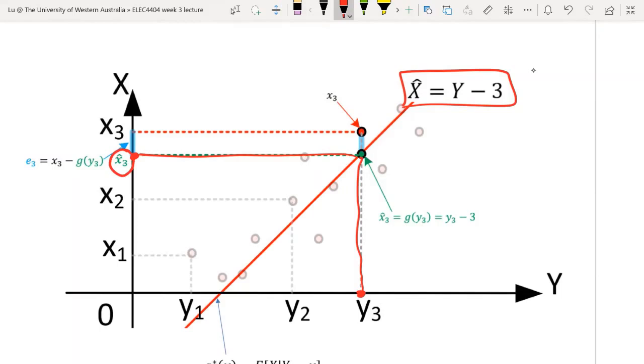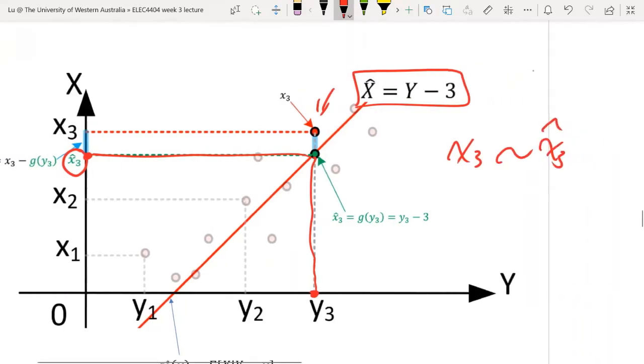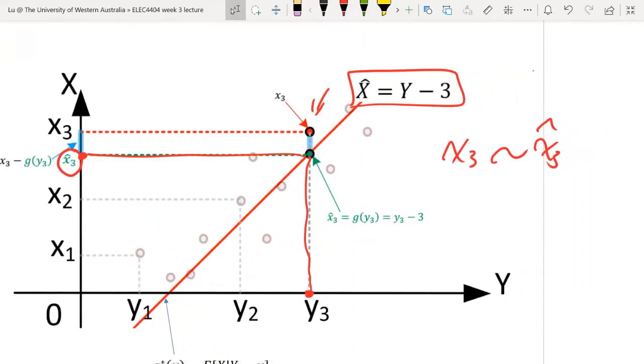But what is the true input value of the random variable x? It may be x3 here. We have said the true value of the input to the system is x3, but our estimation based on this estimator is x3 hat. What's the difference between them? It's different.